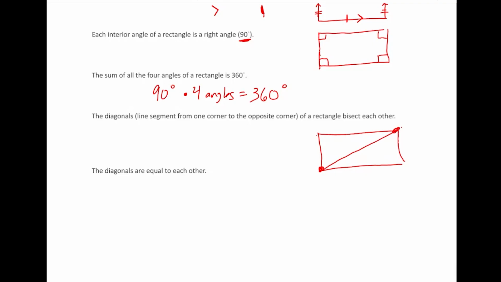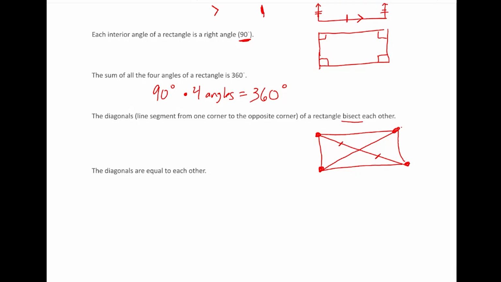That's one of them. The other one goes from here to here. So those are diagonals. And what's true about the diagonals of a rectangle is, number one, they bisect each other. And by bisect each other, what I mean is that they cut each other in half so that this side length is equal to this, right?